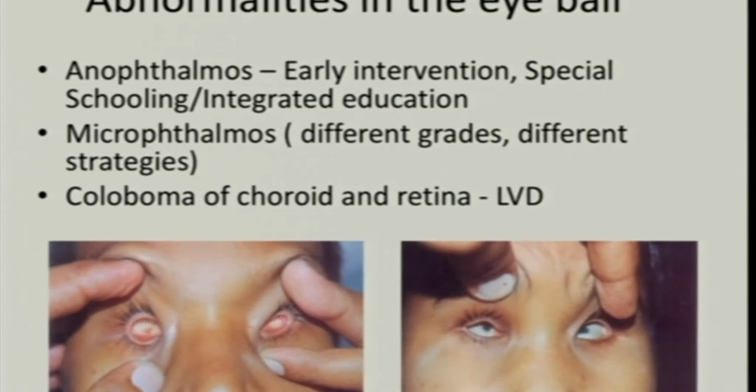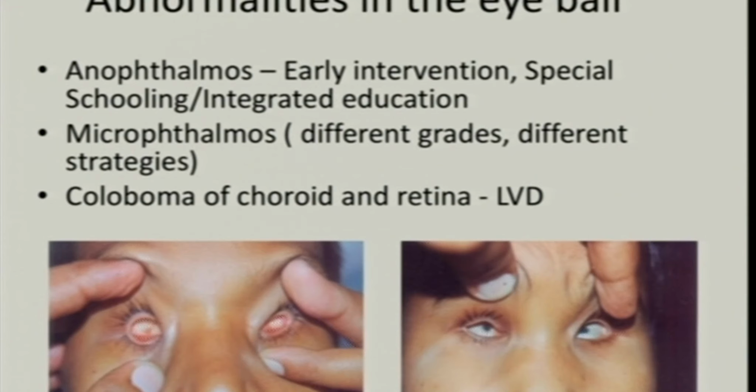So if we look at this child with anophthalmos, we should not waste time. We should start early intervention and then get the child admitted in either special school or integrated education. Severe grade microphthalmos, they have good, useful vision in the earlier part of life, but later on they don't have.